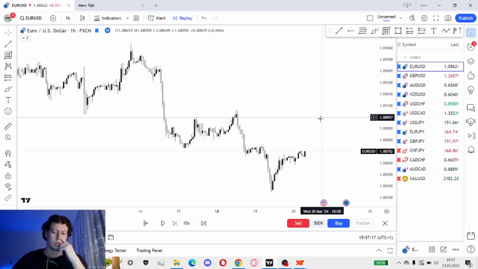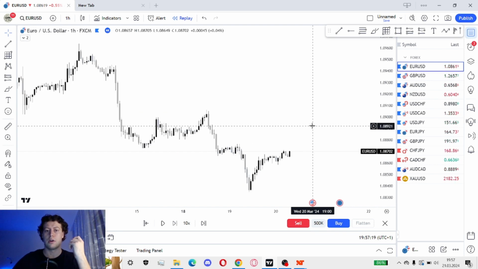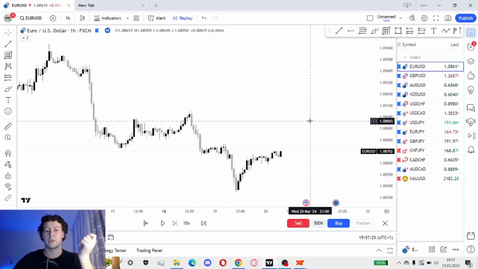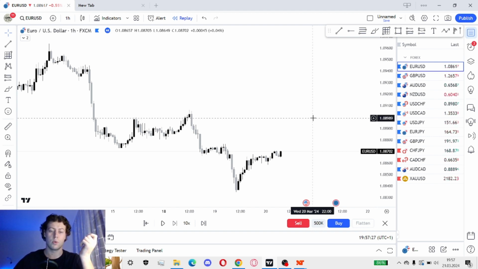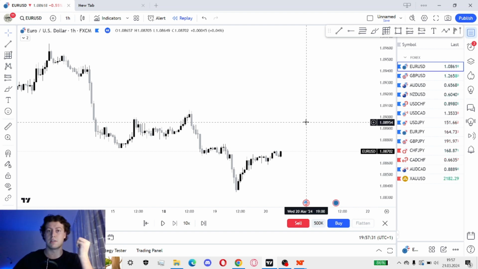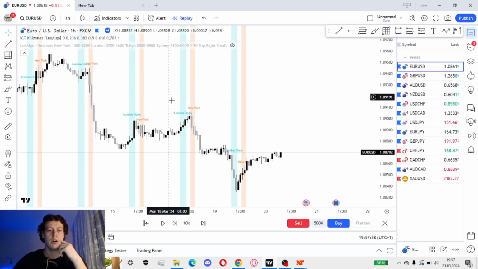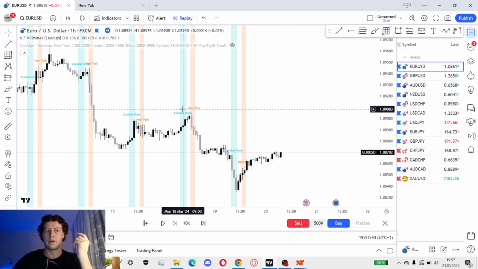Basically, I try to trade during the London and New York sessions. So I have some trading hours, like business hours, and I try to trade only at these specific times. I use this tool. It's an indicator, but only a time indicator that prints automatically.